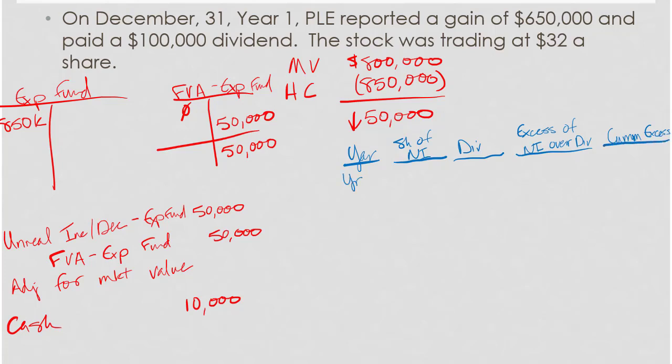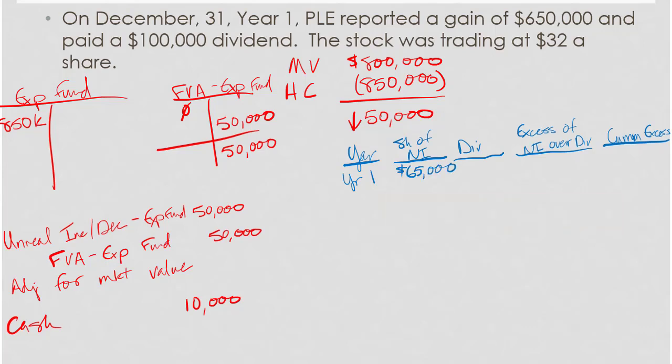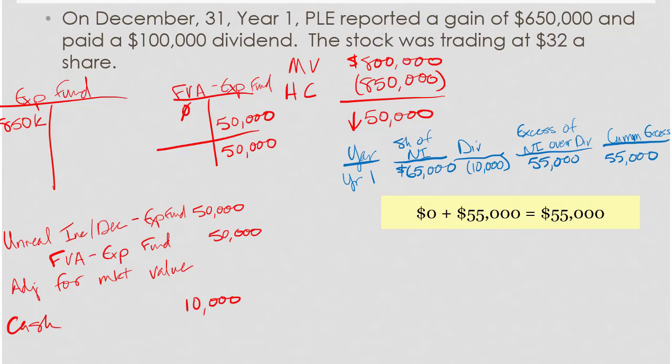So this is year one. Our share of net income, let's see, $650,000. We own 10%, so our share of net income would be $65,000. Our dividend we've already calculated is $10,000. So our excess of net income over dividends for this year is $55,000. And since this is our first year, that's our cumulative excess.